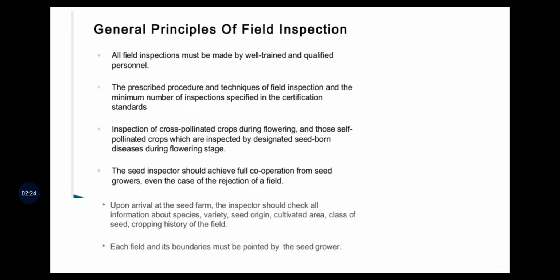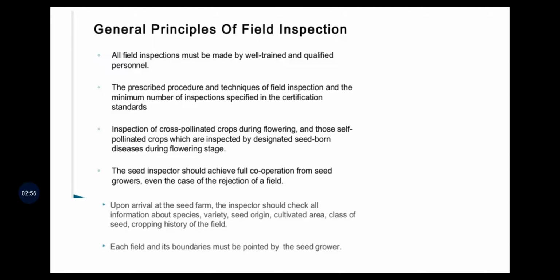The second principle is the prescribed procedure and techniques of field inspection and the minimum number of inspections specified in the certification standards. Inspection of cross-pollinated crops is during flowering, and self-pollinated crops are inspected for designated seed-borne diseases during the flowering stage. That means inspections may be made in different stages, based on whether the plant is self-pollinated or cross-pollinated.